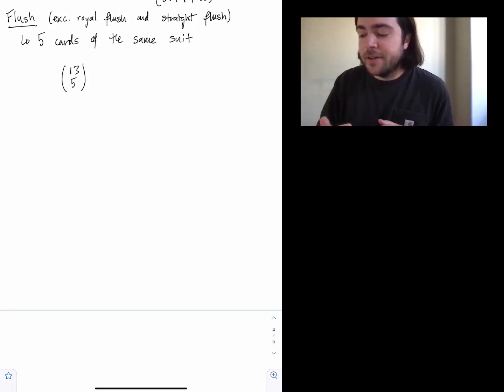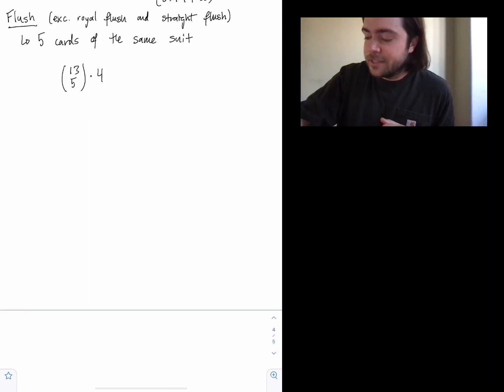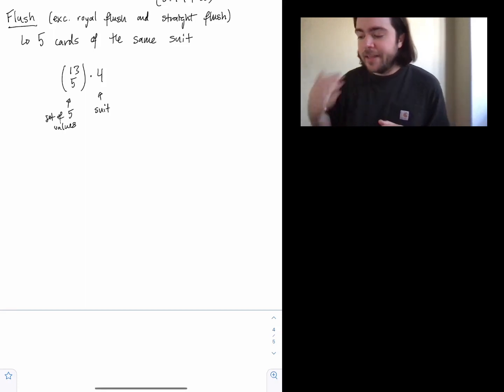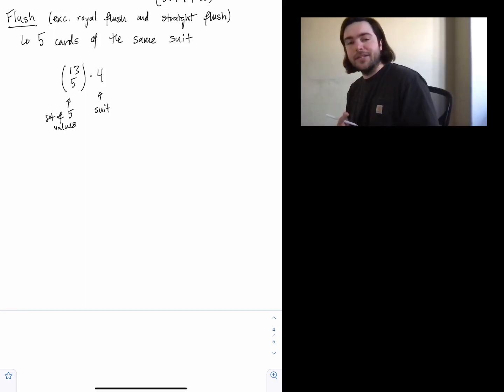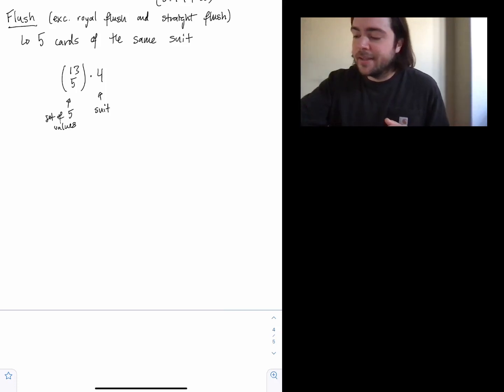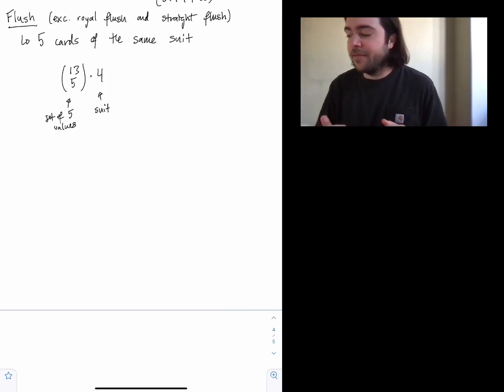Okay, and for any one of those, how many options do I have for the suit? Well, there are 4 options for the suit. So this is for the values, set of 5 values. And this is the suit. But counting it this way, this is counting all of the hands that are flushes. We want all of these hands we're counting to be at best a flush. So they can't be a royal flush, they can't be a straight flush. How do we account for that?